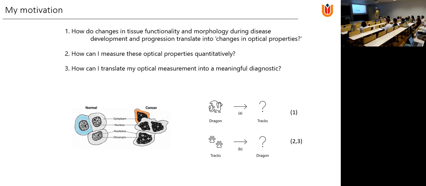But on the other hand, if you can only measure the tracks, then you need a pretty good description of the dragon in order to be able to say, okay, this is a dragon, or it was just a passing dog. So that summarizes the problem that we're facing, and it also shows you the importance of this modeling, trying to understand how the light behaves and how the changes in the structure affect it.